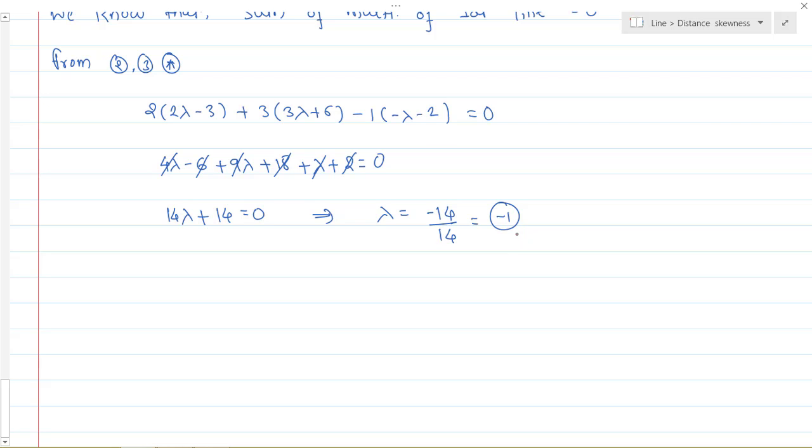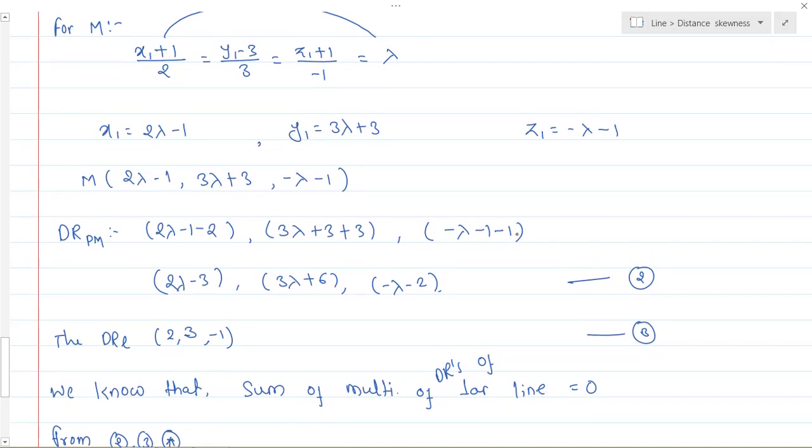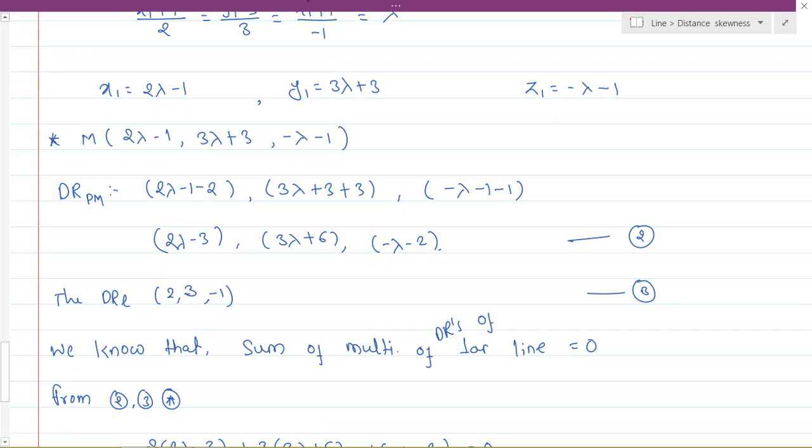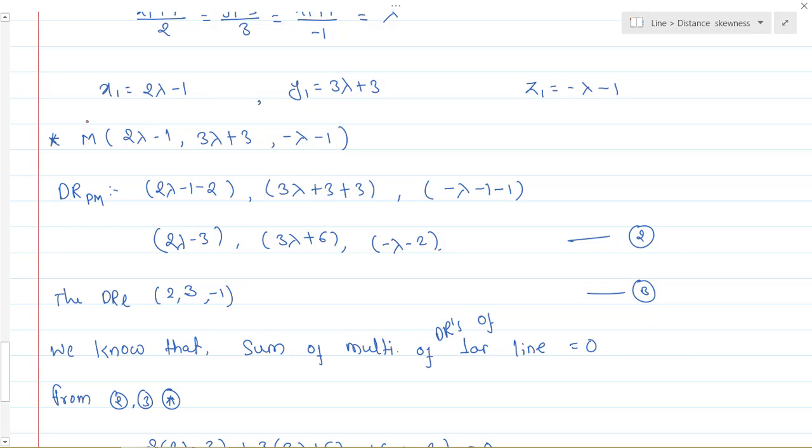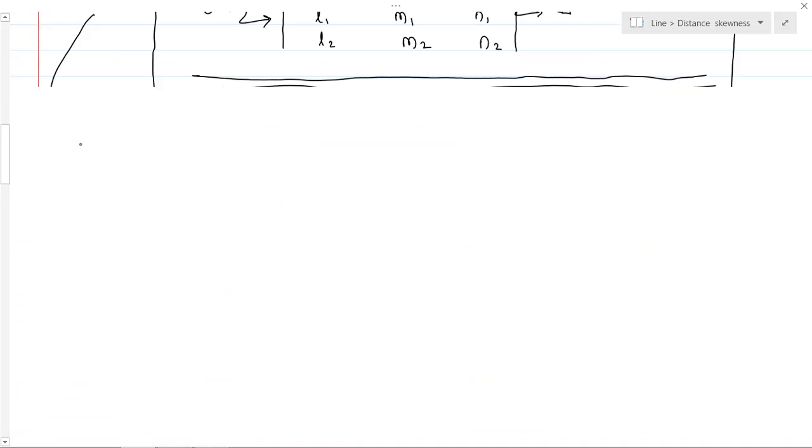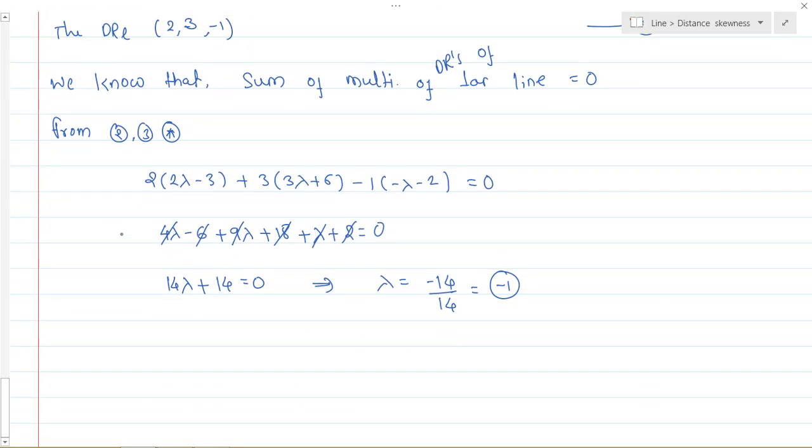If we substitute this lambda in the coordinate of M, then we will get the coordinate of M. Let me take that coordinate of M here on the downside so that it will be easy for us. Let's copy this and paste it here.